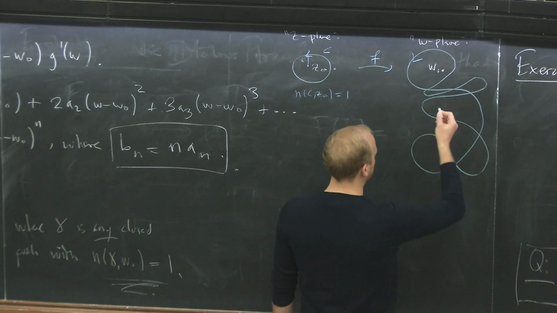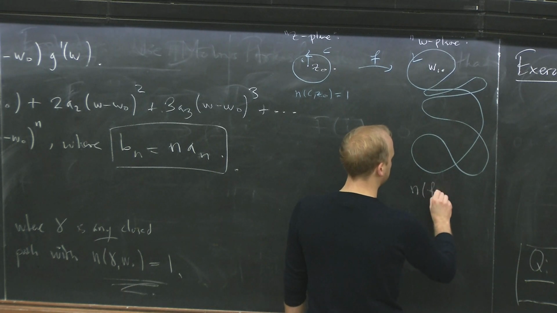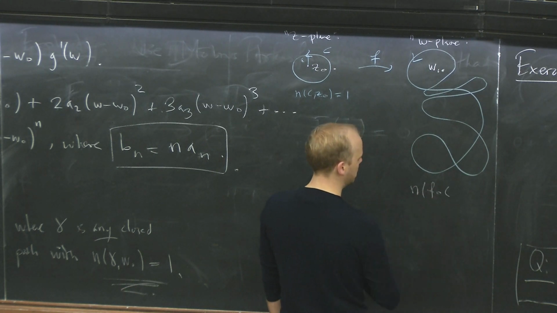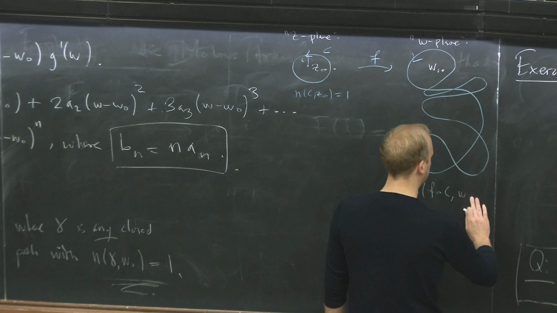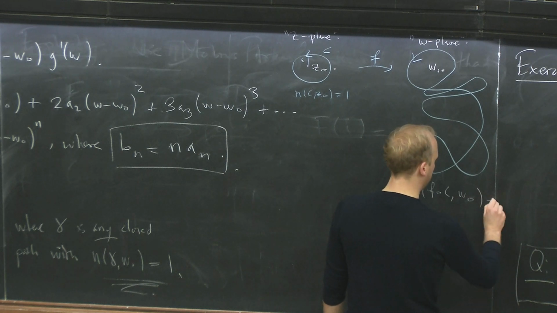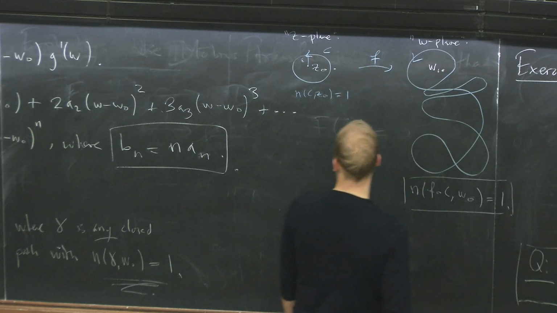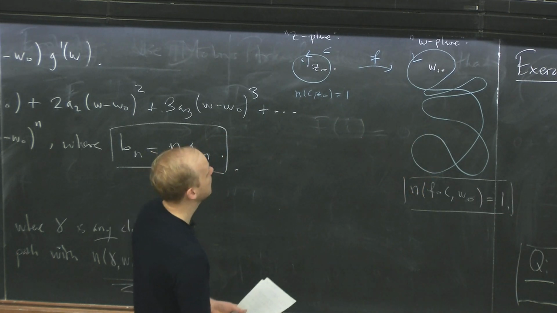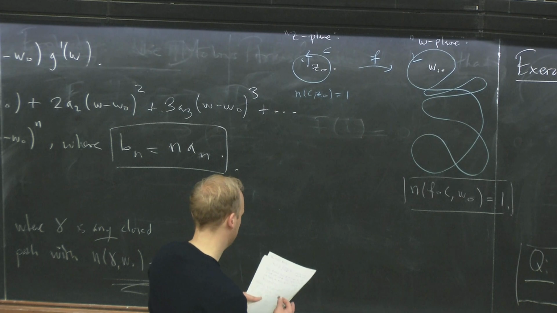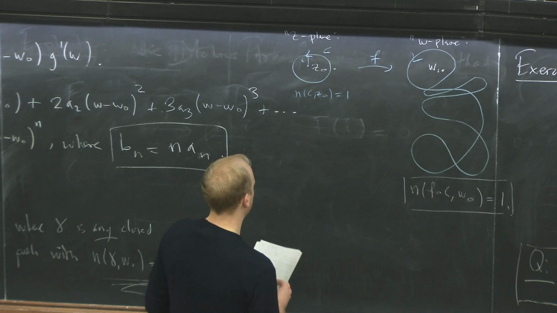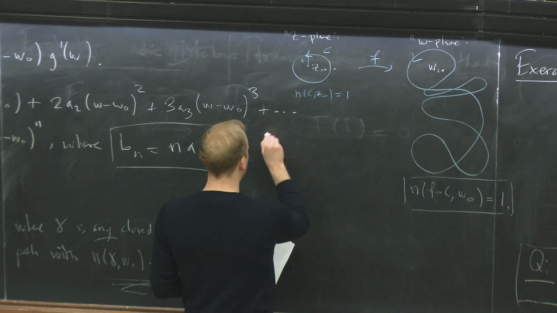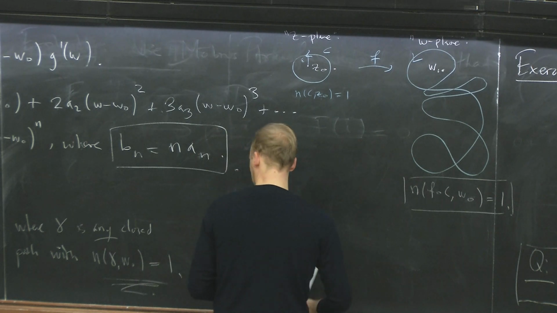Actually, the claim is that the winding number of this F composed with C around W0 will still actually be equal to 1. By argument principle. By the argument principle, exactly. That's absolutely correct.